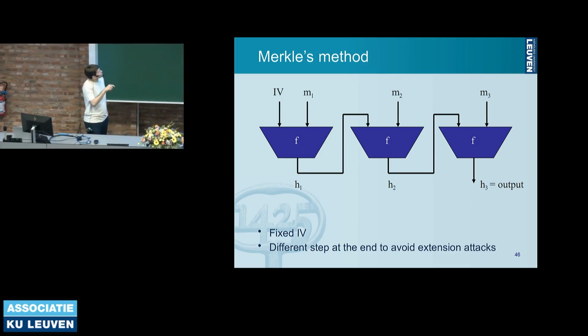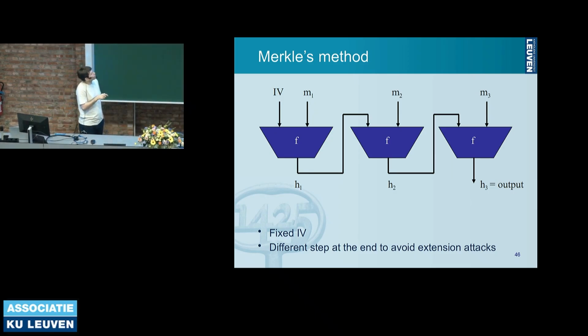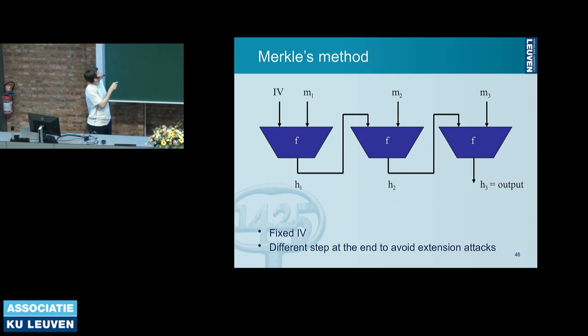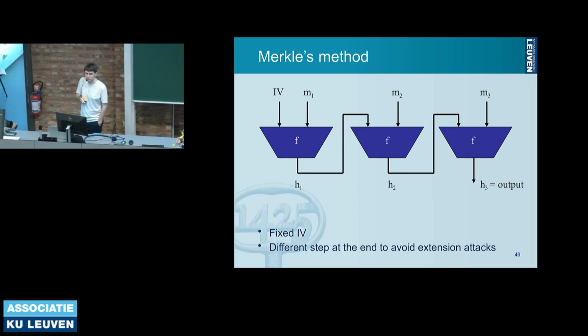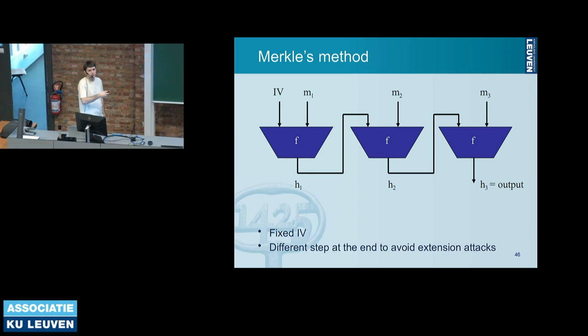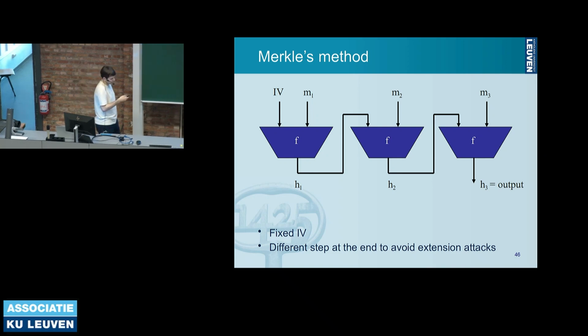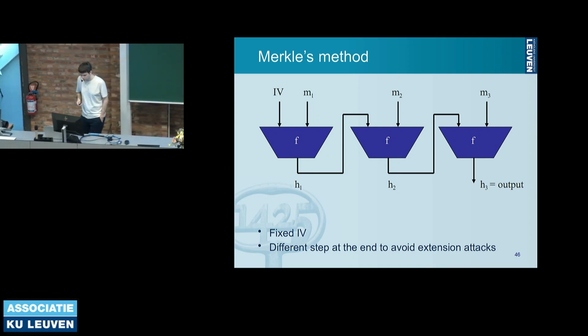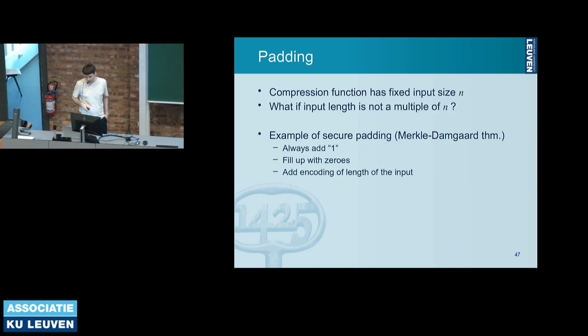This is not always a problem, but sometimes it is: because I know the output, I can just add a new block, I know the chaining value, and I can produce the output. This is a problem when, for example, suppose that M1 is something secret, and we'll see later examples where this is how it's used. Then I can produce a valid hash even though I don't know the full input. This is called length extension, which is why you usually use a different last block.